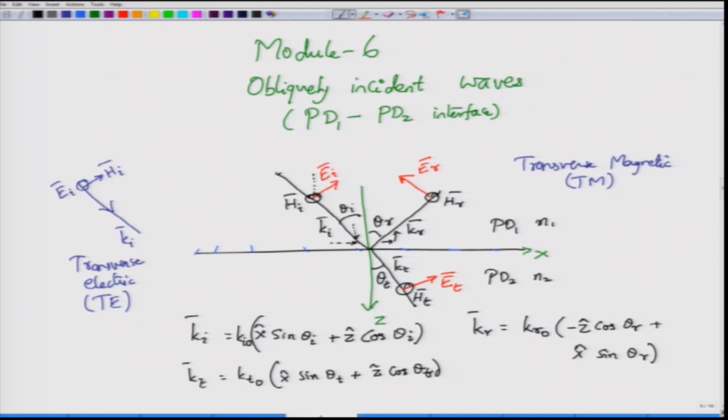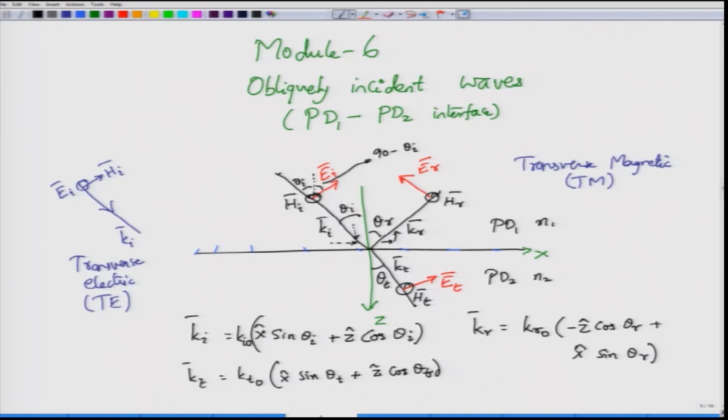So, I know that this black line is making an angle of theta I, right, and I also know that the black line is perpendicular to the red line, being the direction in which the incident electric field is polarized. Therefore, clearly the angle which the electric field makes with respect to the normal will be 90 minus theta I. Now, it is very easy for me to write down the corresponding components.